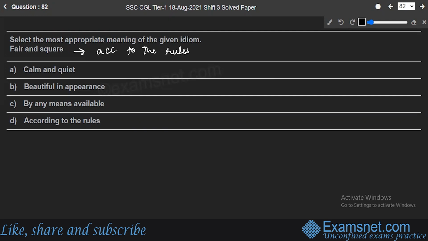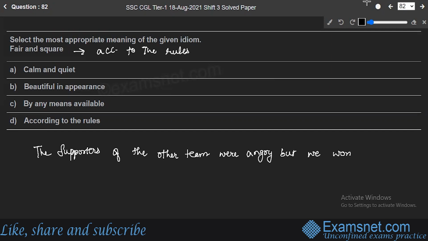For example, the supporters of the other team were angry, but we won the game fair and square. So I hope you are clear with the meaning, which is according to the rules, option D.